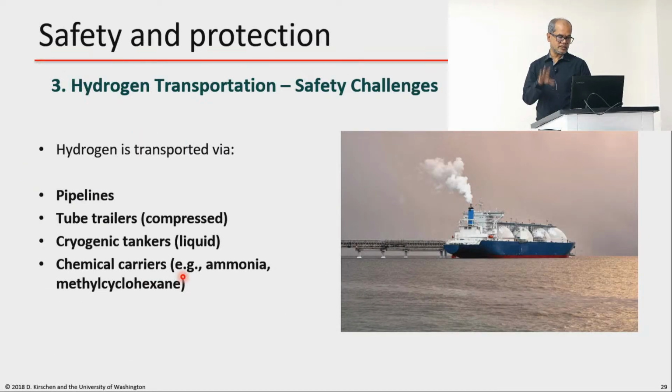For transportation also, there are risks, because we use onboard hydrogen, and if any accident happens, it also poses a health risk. Hydrogen is not only used in vehicles but also transported by pipeline, tube trailer, different tankers, and chemical carriers like ammonia and so on.